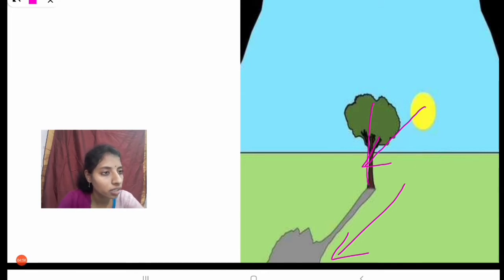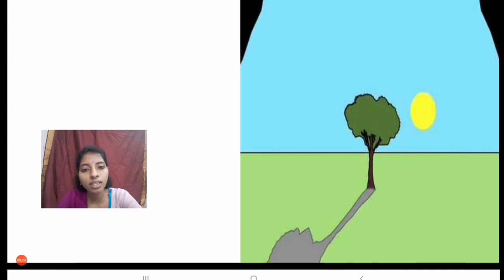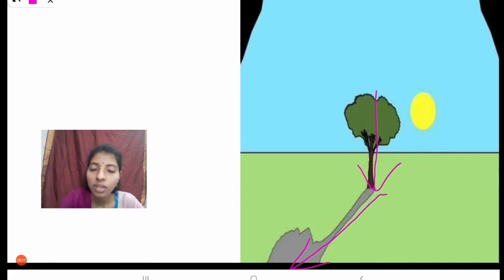So here this light ray is falling on the tree and here the bending of the light takes place. Okay, so like this the light ray will fall on this tree and the light ray bends like this. This is due to refraction of the light.